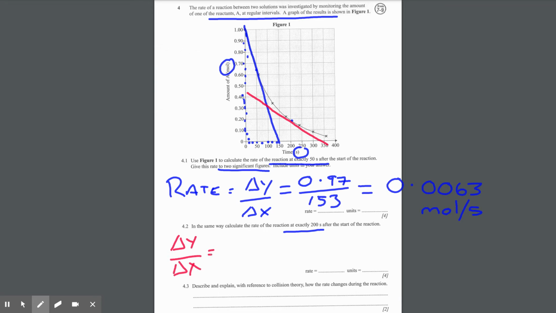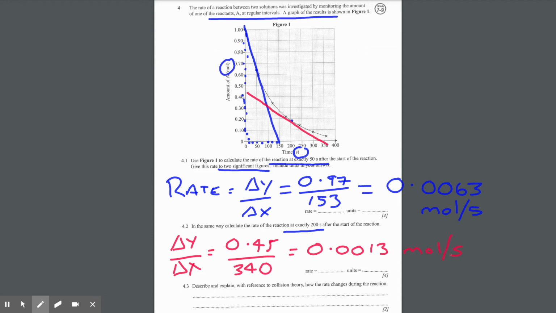And again, using the graph, you plot the graph and use the values that you can see on yours, but we'd be using something in the region of 0.45 and dividing then by something in the region of 340 seconds. And that's going to give us a value again, rounded to two significant figures as 0.0013 moles per second, same units as last time.